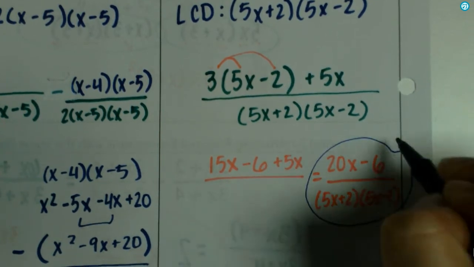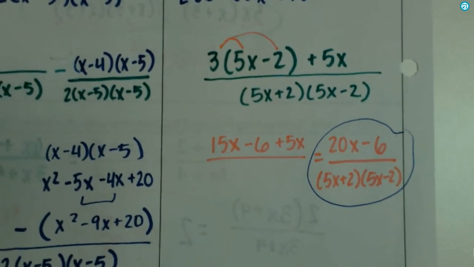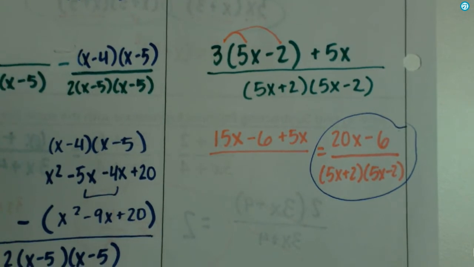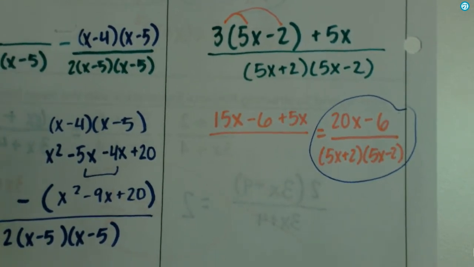And I just realized we forgot to do something in the last problem, and there's something that we need to do in this problem. And that is we have to exclude any values for which our denominator is going to equal 0.